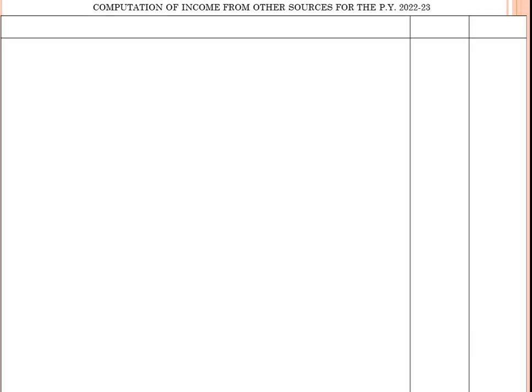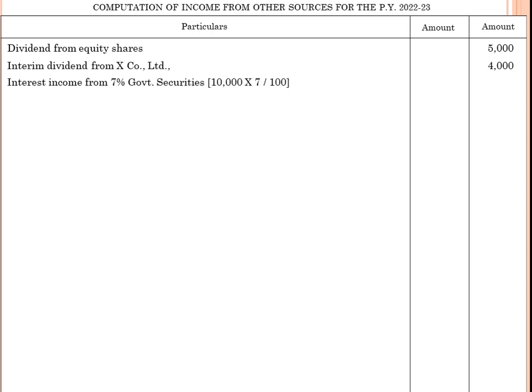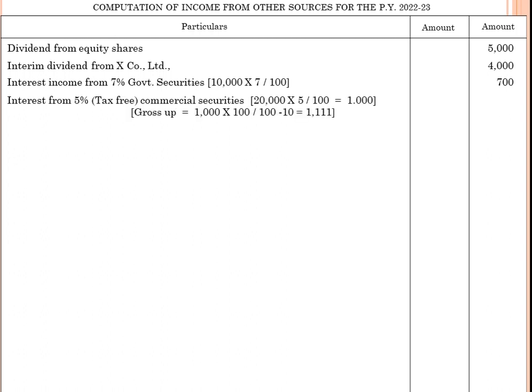Divide it into three columns: particulars and amount. Start with the dividend from equity shares, 5,000. Interim dividend from X Limited 4,000. Interest from 7% government securities, out of 10,000 at 7%, 700. Interest from 5% tax-free commercial securities: how much did we invest? 20,000 at 5%, that is 1,000 rupees.